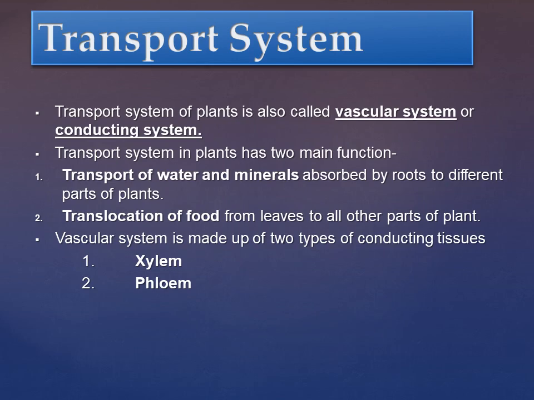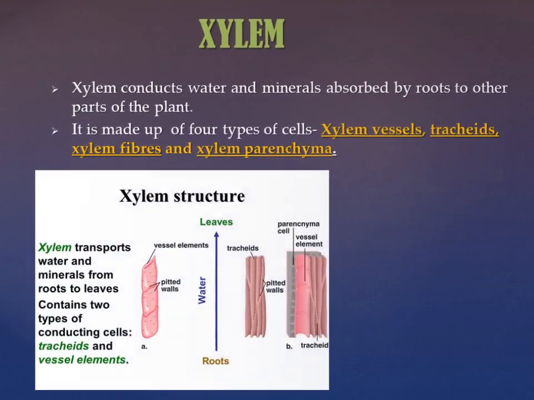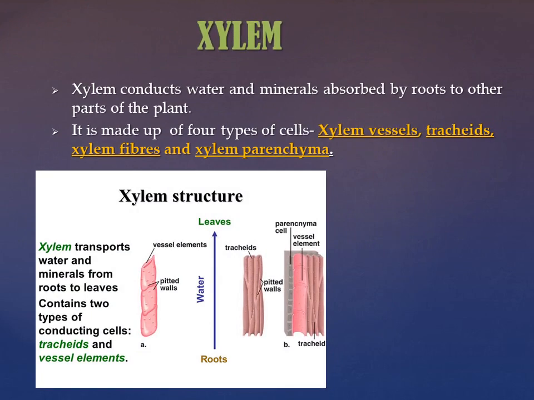Now this vascular system or the transport system of plants is made up of two types of conducting tissues, that is xylem and phloem. Now we will study about the first conducting tissue, that is xylem.